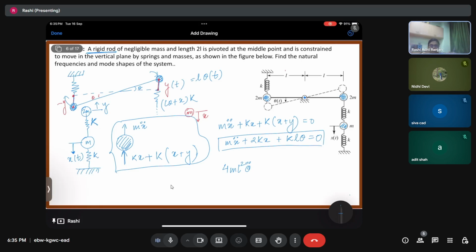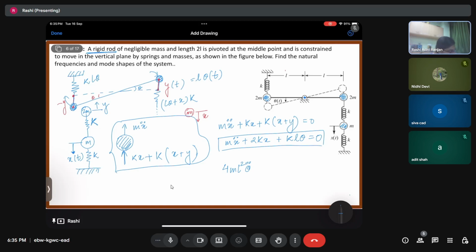For this mass, what do we have? The displacement is L theta, so the force is k into L theta. Now this mass is coming in the downward direction, so again the spring is pulling it upwards. Again, the moment is in the clockwise direction. So everything will get added up.